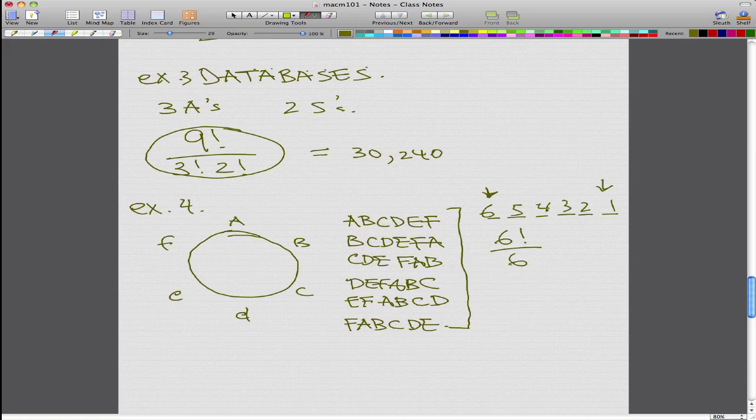That's 6 ways, because this is the same exact sequence, just lined up in a different way. So 6 factorial divided by 6 will give us 5 factorial, because we just cancel out the 6, right? And that'll give us 120. So there are 120 arrangements around the circular table.